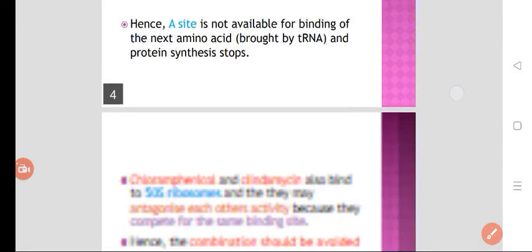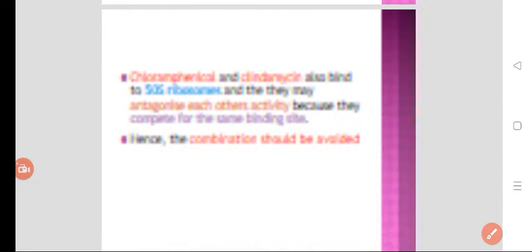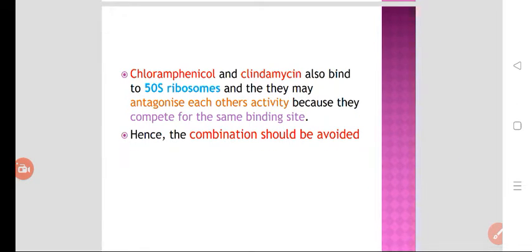Now drugs like chloramphenicol and clindamycin also bind to the 50S ribosome, and that's why they may antagonize each other's activity, because they compete for the same binding site.